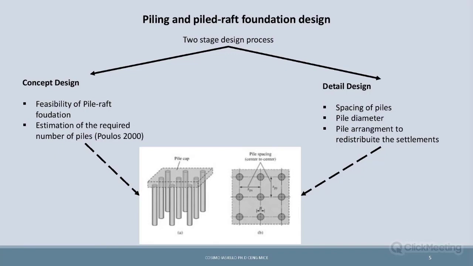At the end of the day, most designers, in particular based on my experience in Asia, for example in Singapore and in Hong Kong, use this type of foundation to correct the settlements of the foundations.